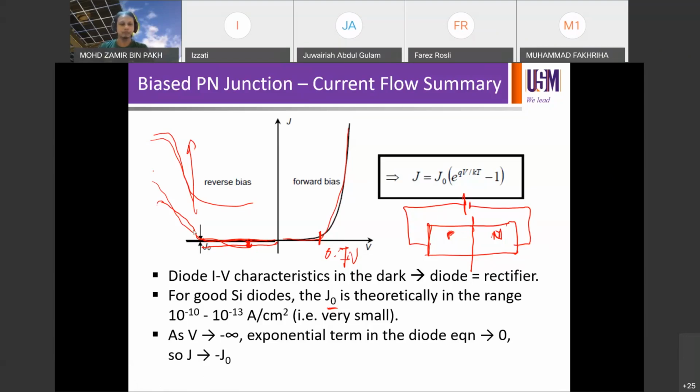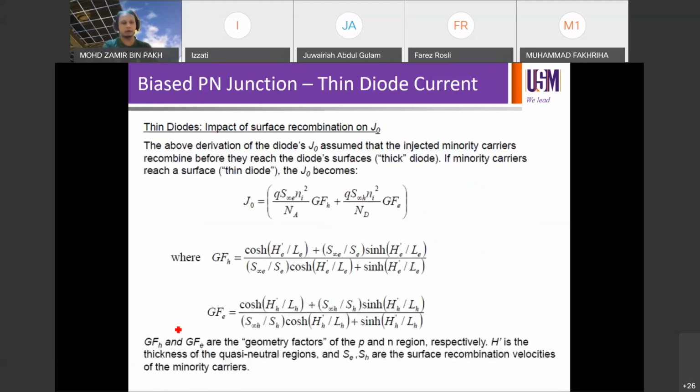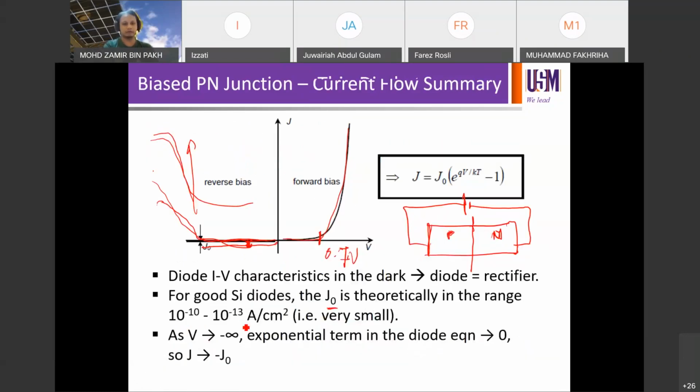In every PN junction, we'll normally have some amount of leakage. If your PN junction is good, then your leakage current will be in the order of 10 to the minus 10 to 10 to the minus 13, so in the picoamp region.